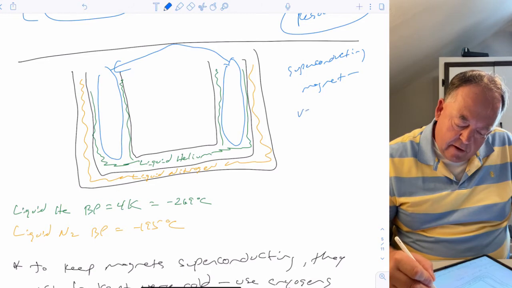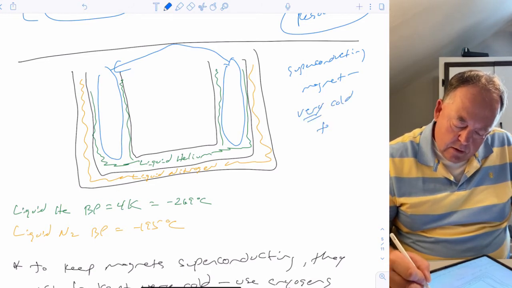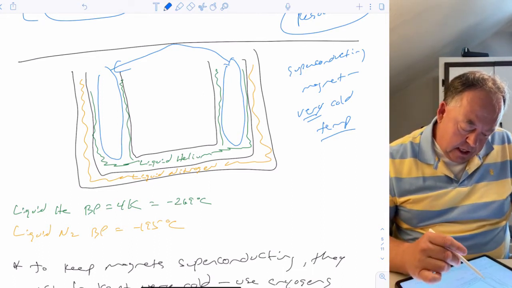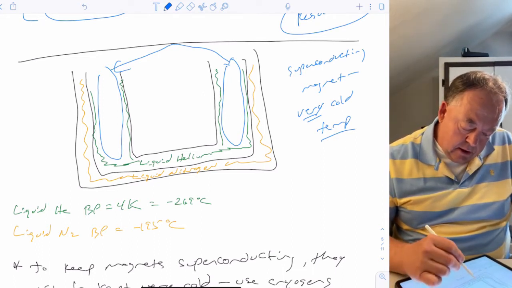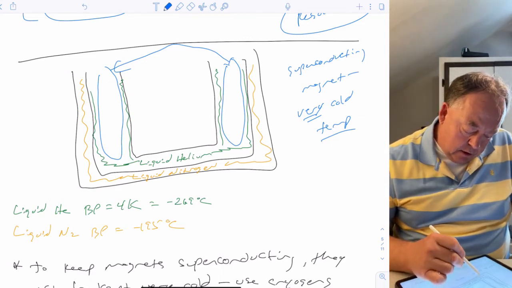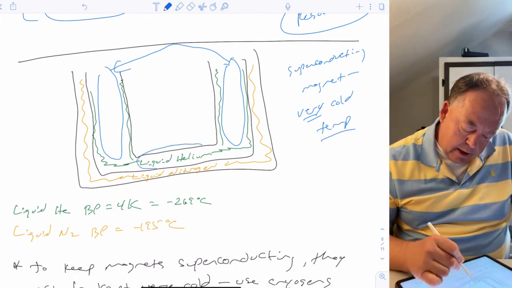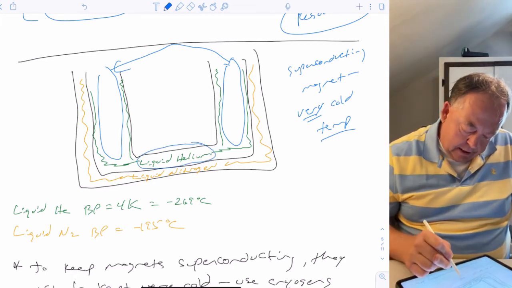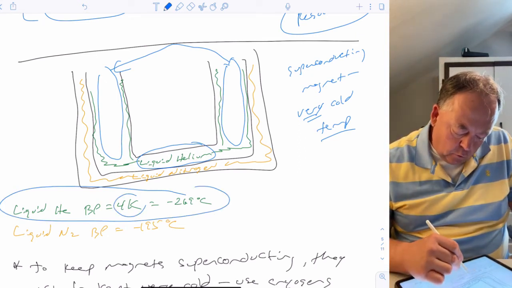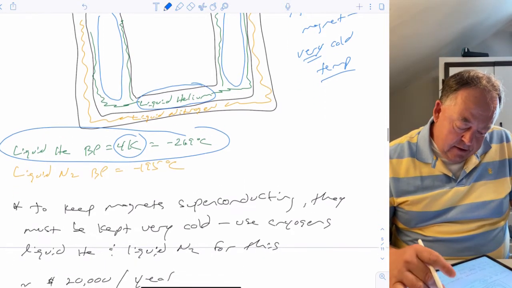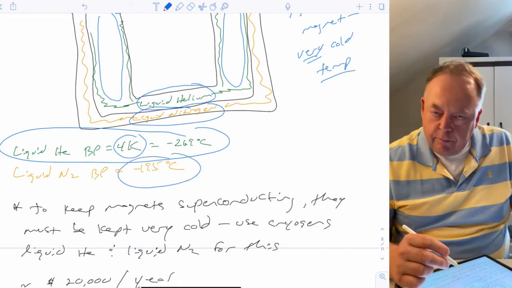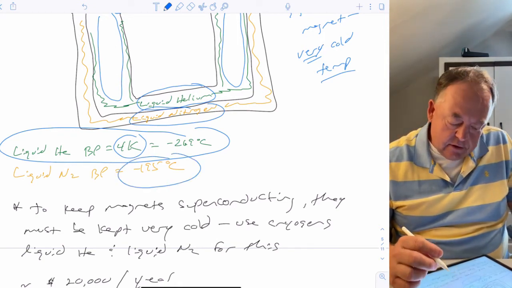You generally need very cold temperatures. So we had to keep our 400 megahertz NMR, since it has a superconducting magnet, really cold. We keep the magnet bathed in liquid helium. Liquid helium has a boiling point of negative 269 degrees Celsius or 4 Kelvin. And to keep the liquid helium cold, we use liquid nitrogen. Liquid nitrogen has a boiling point of negative 195 degrees Celsius.